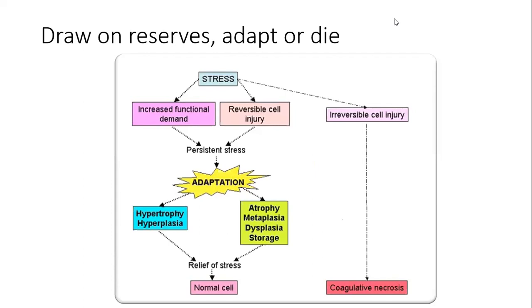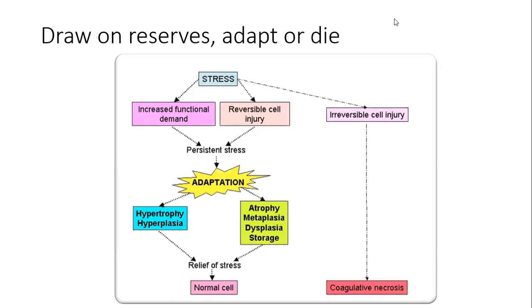They can draw on their reserves and increase functional demand, or they can adapt by engaging in reversible cell injury, or they can die, which is when there's irreversible cell injury. So when there's an increase in demand or reversible cell injury, if the stress is removed, the cell goes back to its original state.